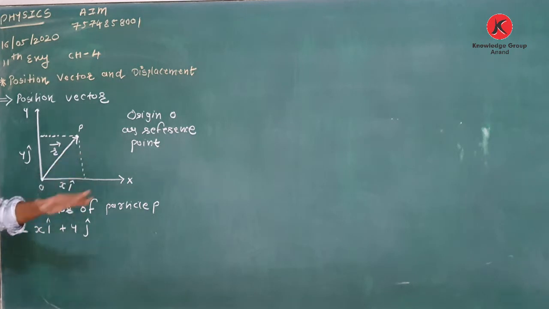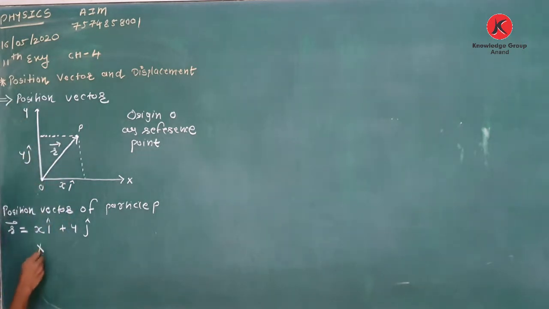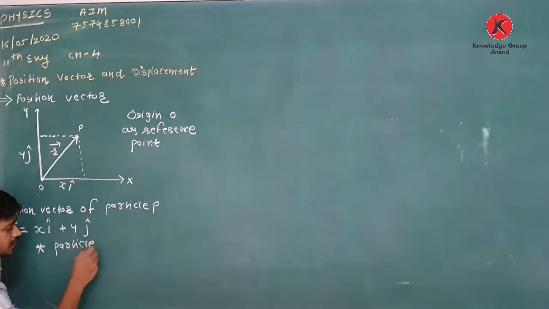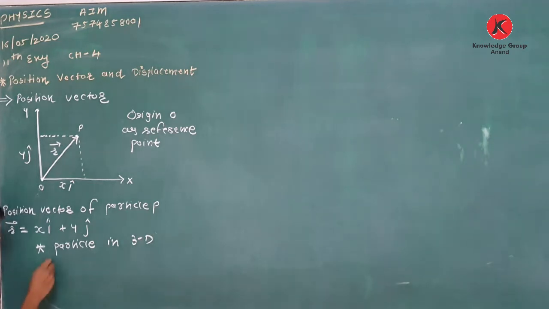Right now we are discussing a particle in two dimensions, that is, in the xy plane. But if you are given a particle in three dimensions, then how to write its position vector?